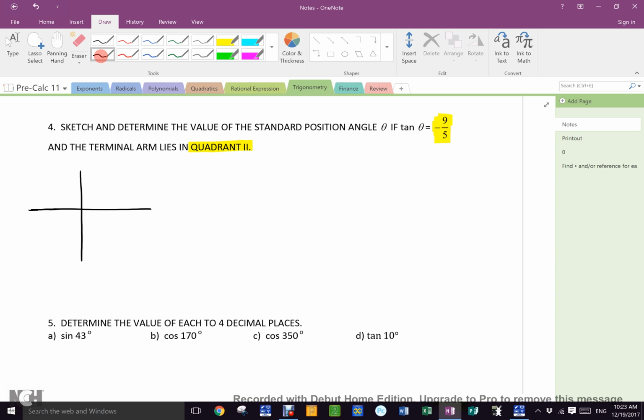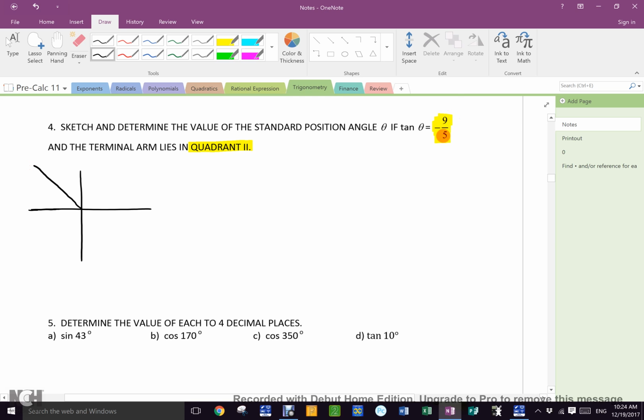All right. For those of you that have no idea how to start, I highlighted two things, didn't I? What did I highlight? Quadrant 2. So where must this line go? In quadrant 2, which is where? Somewhere out here, yes? Excellent.